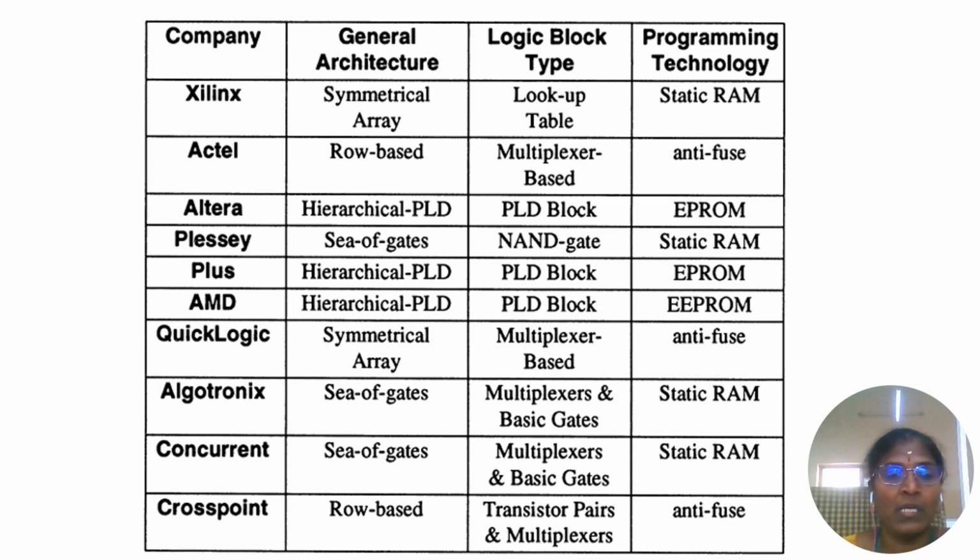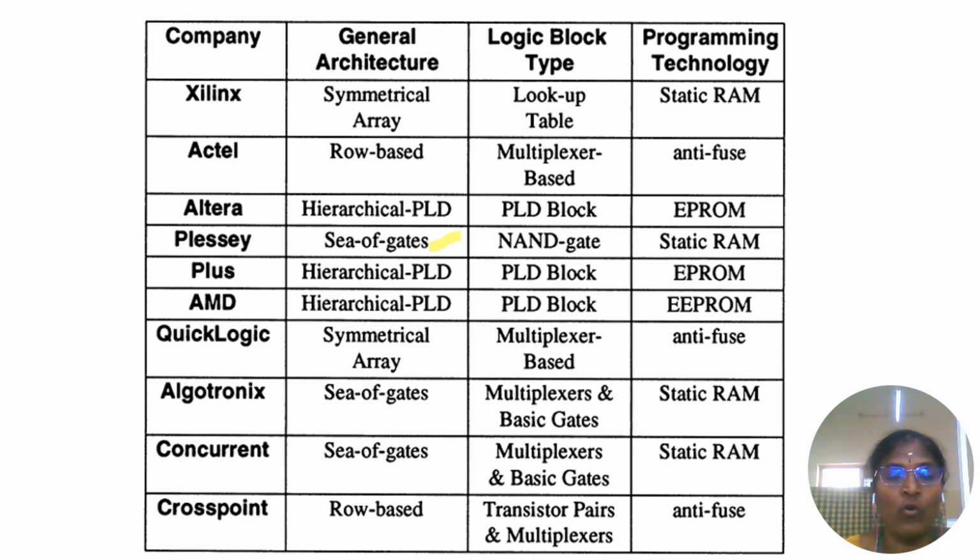So what are the architectures used by each vendor, the logic block, and the programming technology used. The table shows that there are four types of architectures: symmetrical array, row-based array, hierarchical PLD (programmable logic device), and sea of gates.